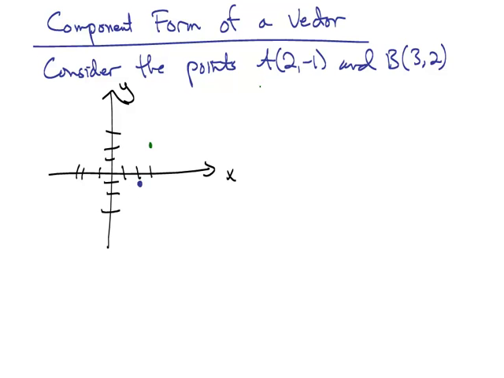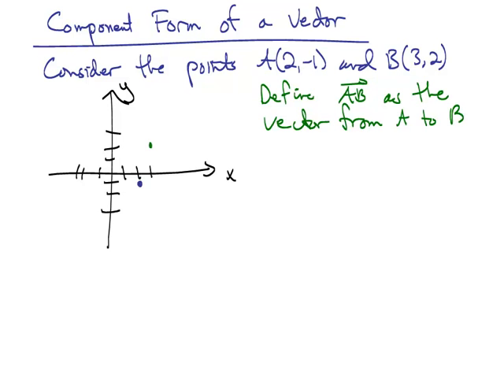Okay, I want to define this vector. Here's my notation, AB with an arrow going across, as the vector from point A to point B. So it's going to be this vector right here. Now, how are we going to say what the direction and magnitude are? Well, it's very simple.